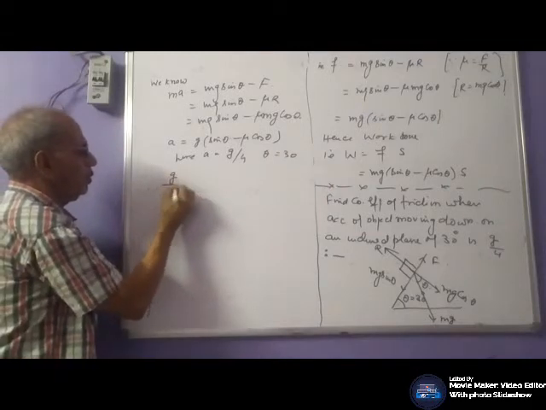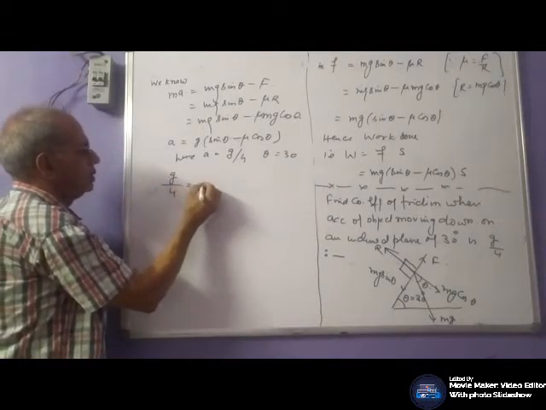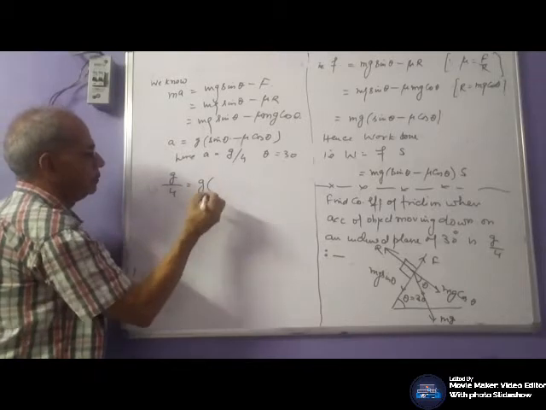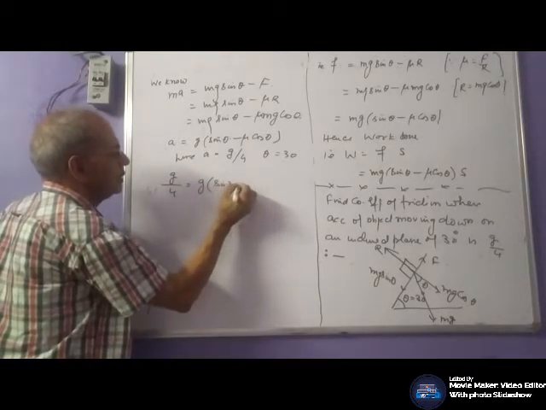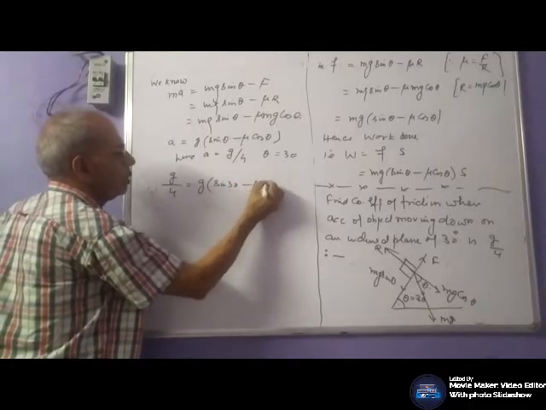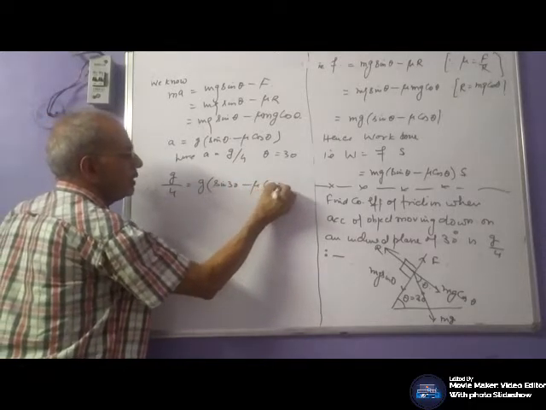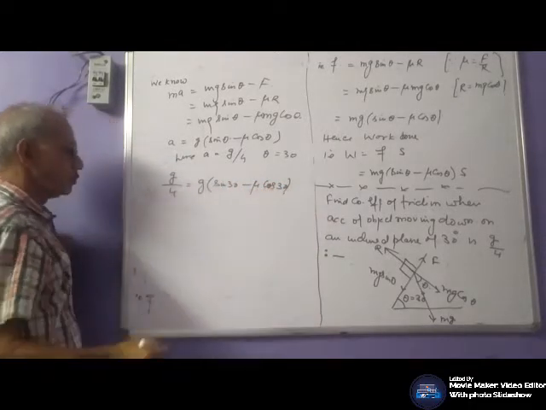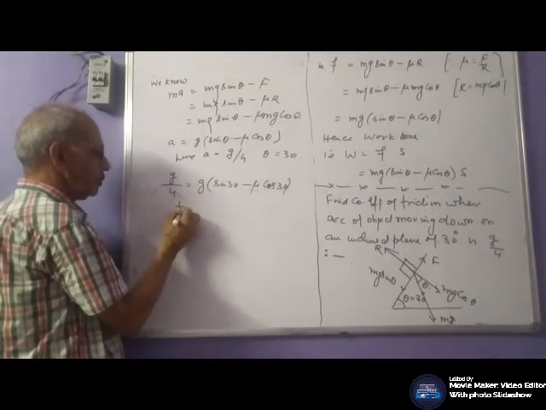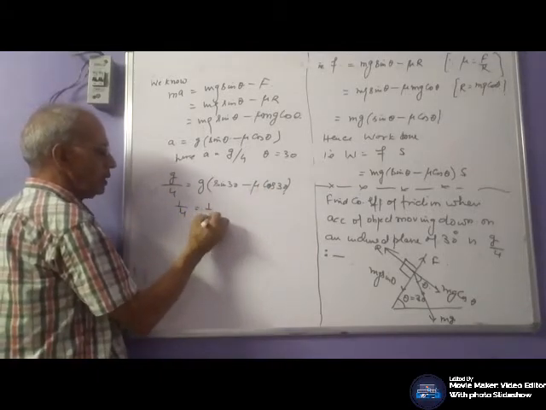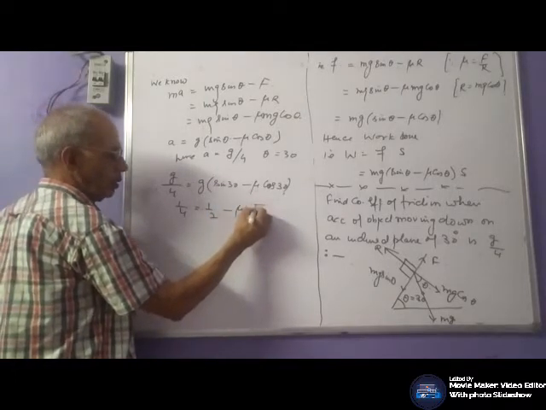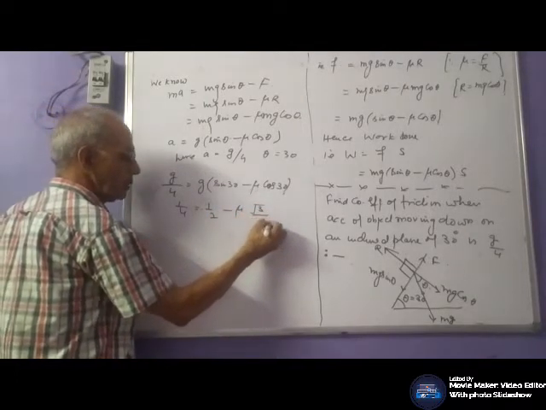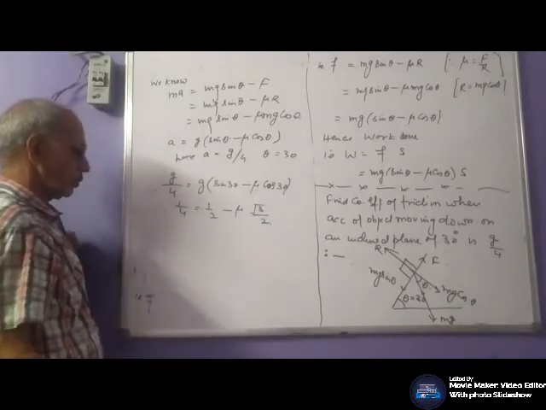So g by 4 equals g sin 30 minus mu cos 30. g goes with g, 1 by 4 equals 1 by 2 minus mu root 3 by 2.